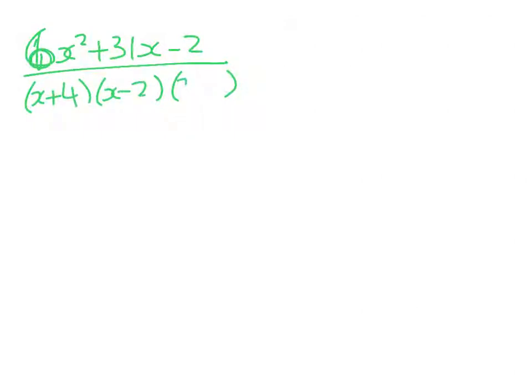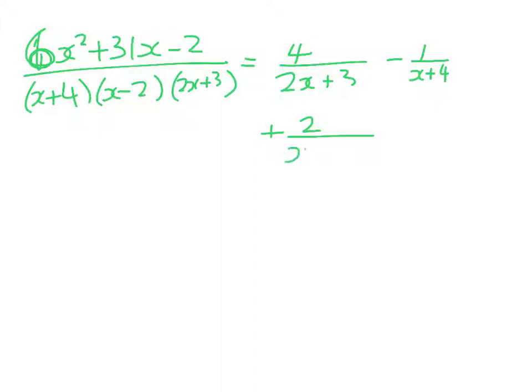Never mind, and 2x plus 3, but I have to keep them in the right order for my a, b and c. So that equals 4 over 2x plus 3 minus 1 over x plus 4 plus 2 over x minus 2.